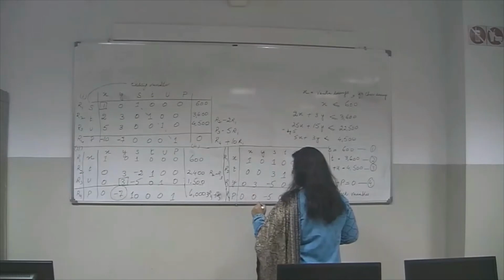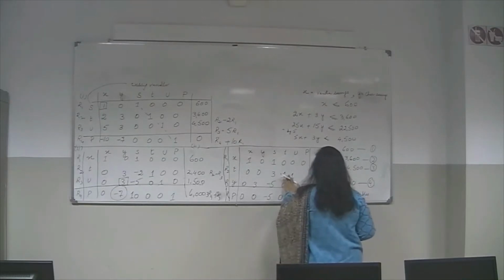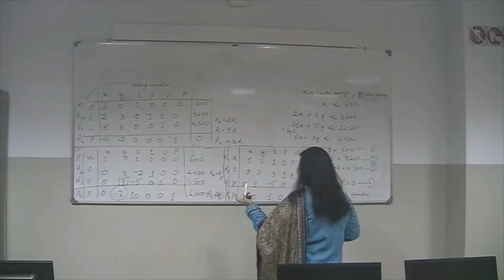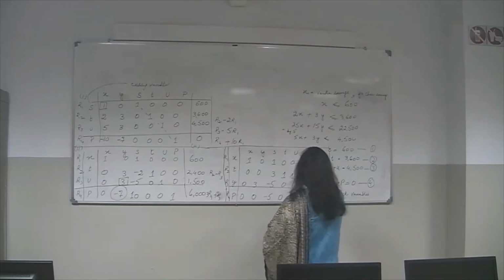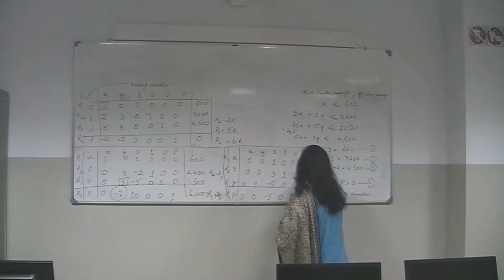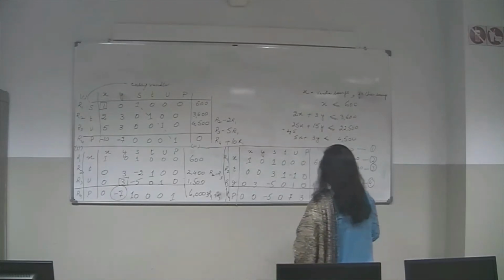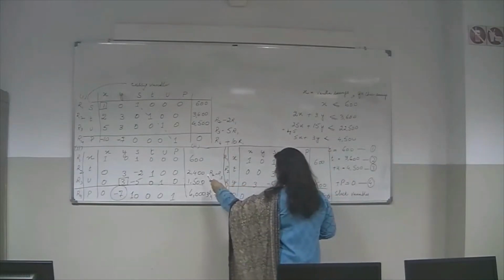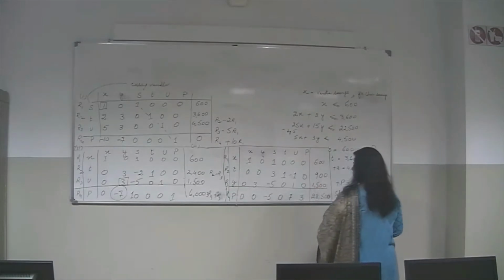And then again you have 0, and a minus R3 is minus 1, so minus 1 here. And 0 minus 0 is again 0. So now, as you can see, this is minus 1. And the last, I have R2 minus R3, which gives you 900.